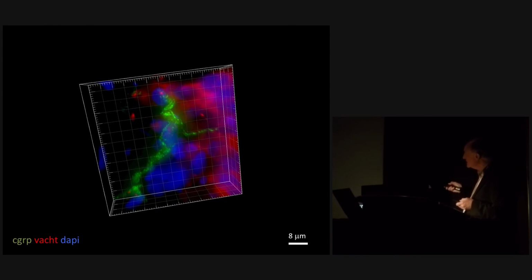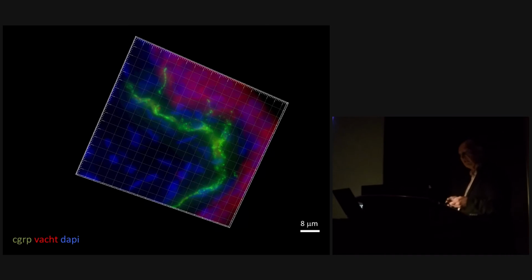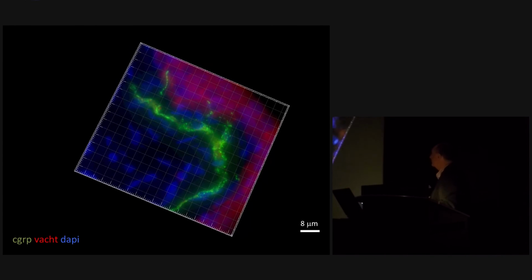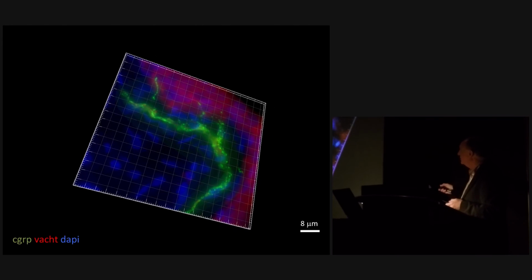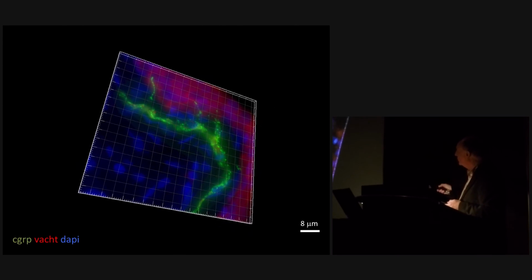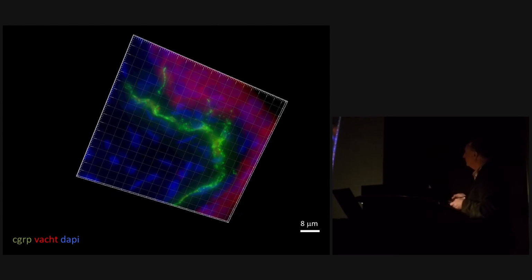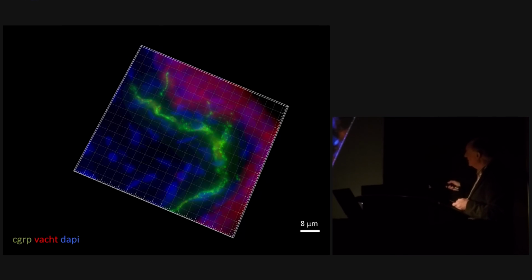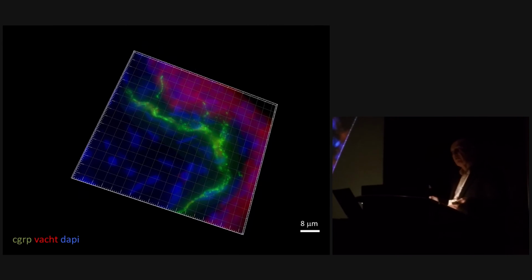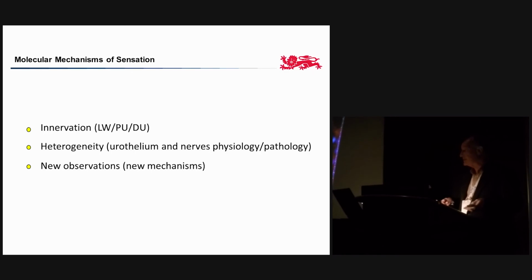But what this shows is that these cells also send processes into the urothelium. They are making contact. These contacts can be quite complex, with many arborizations and small processes, thicker processes with other processes coming off. You can see one cell here with its nucleus and another cell here with its nucleus, giving the impression that this is a network of these cells, innervated in some way.